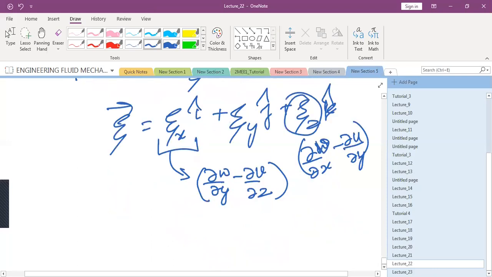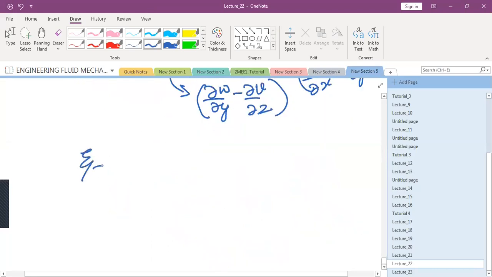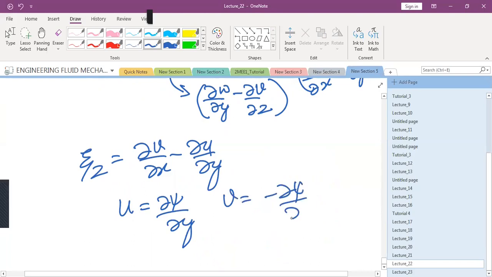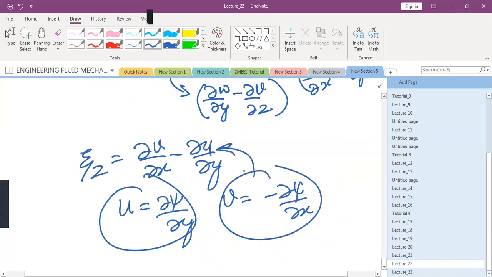So I know that zeta z is equal to curly v by curly x minus curly u by curly y, and I know that u is equal to curly psi by curly y, and v is equal to minus curly psi by curly x. If I substitute these values in this equation, what do I get? And I know that zeta z should be equal to 0.